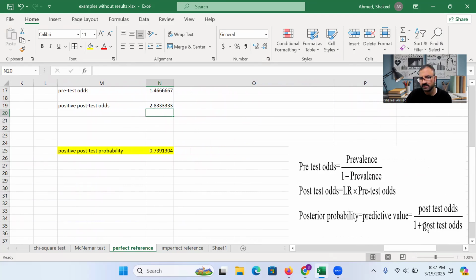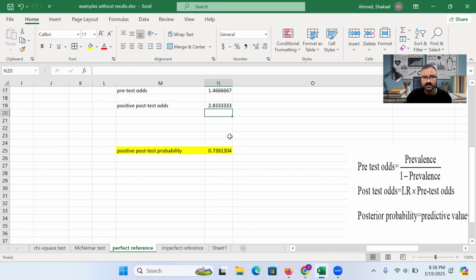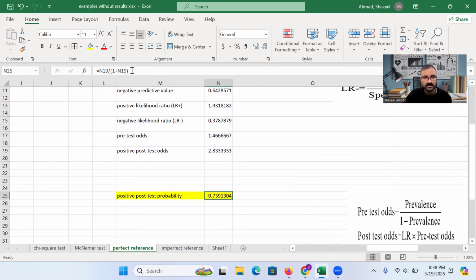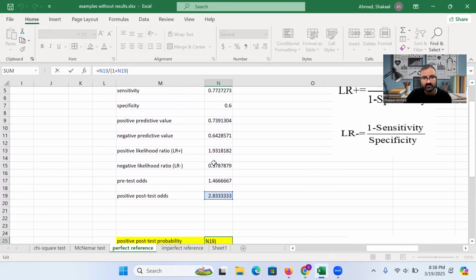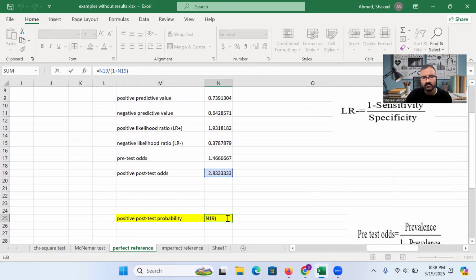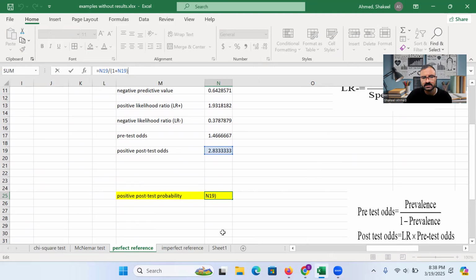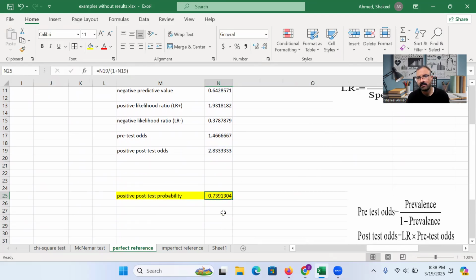So this becomes just like this: post-test odds divided by 1 plus post-test odds. So I have just written here post-test odds over 1 plus post-test odds. So this is the positive post-test probability, the prevalence after performing the test.